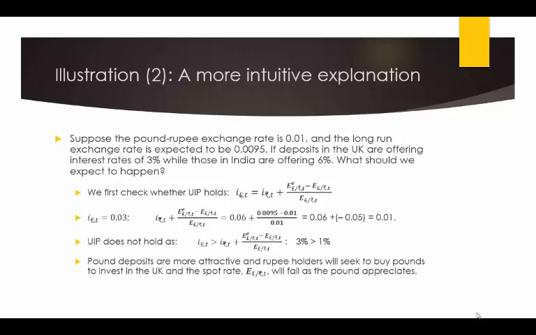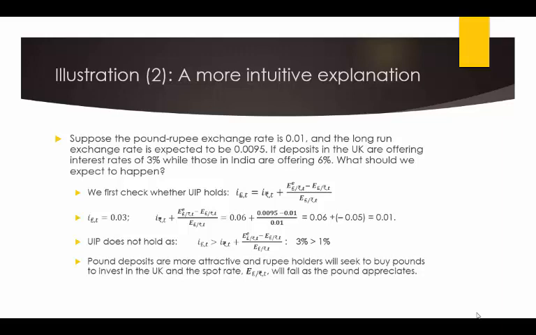It is seen that UIP does not hold, as the rate of return on the UK asset is greater than the pound rate of return on the Indian asset. Clearly, investing in the United Kingdom is more attractive than investing in India, and so rupee holders will want to purchase pounds to invest in the United Kingdom, and this causes the pound to appreciate and the spot rate to fall until UIP is restored.